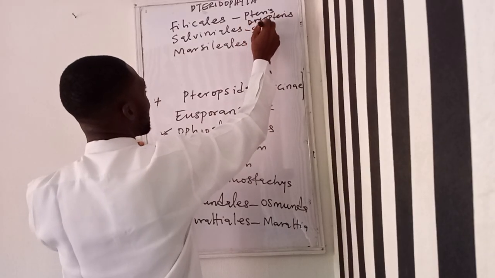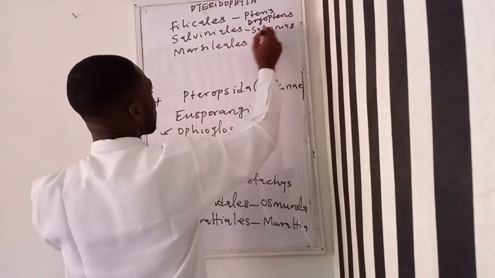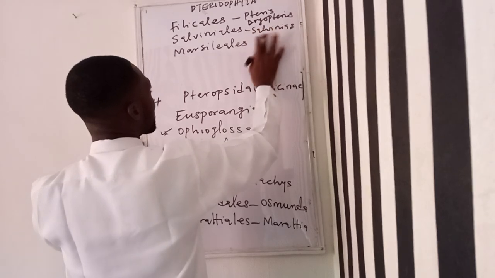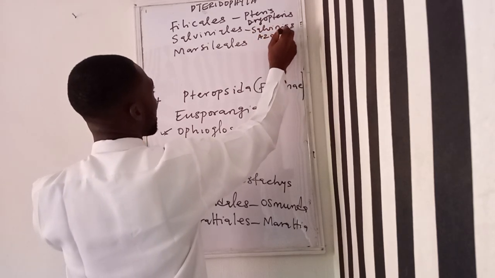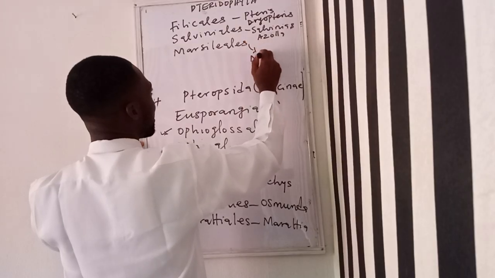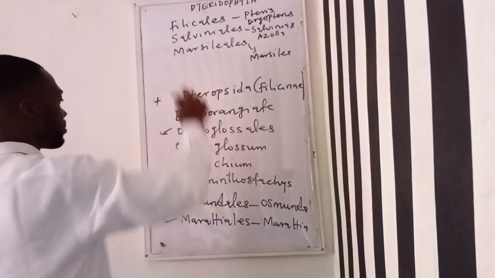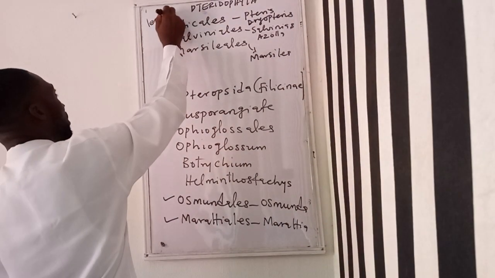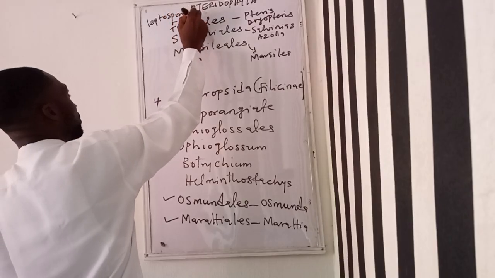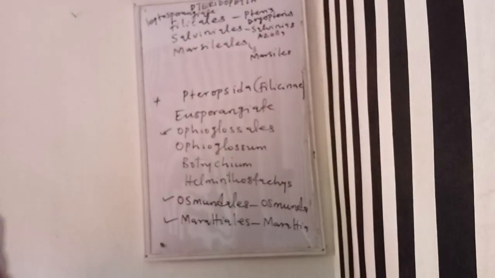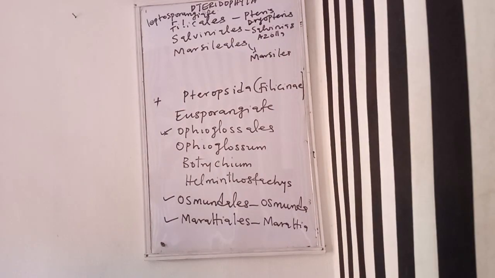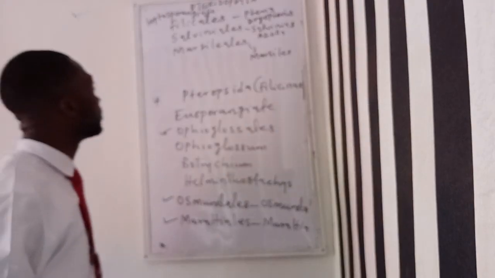They have the Salvinia and Azolla, Salvinia and Azolla, then Marsilea. So these are the examples of the Leptosporangiate. All right, so this is how far we can go in this aspect of classification.